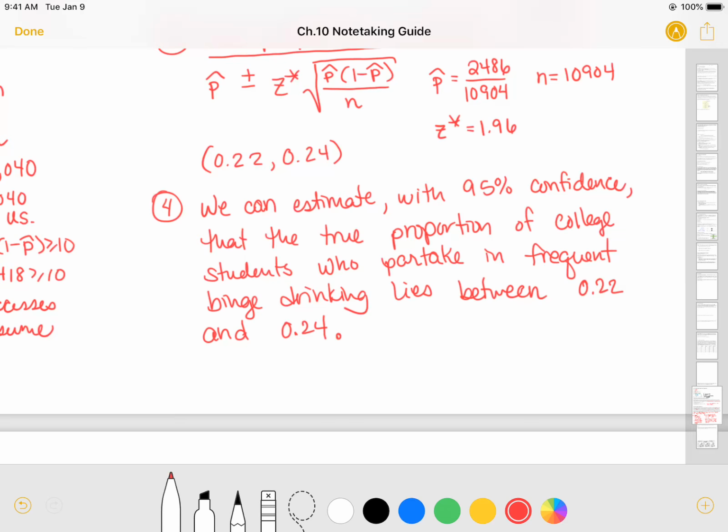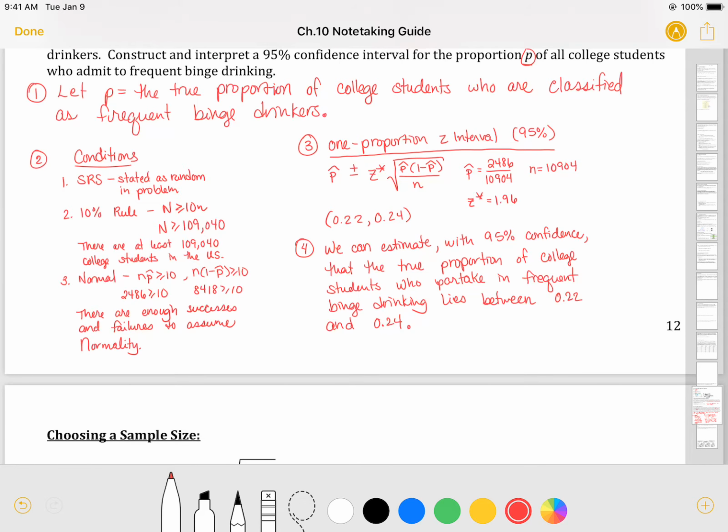All right, so the 4 steps are the same, whether you're using a one sample Z interval, a one sample T interval, or a one proportion Z interval. However, if we are constructing an interval for proportions versus population means, our conditions change slightly.